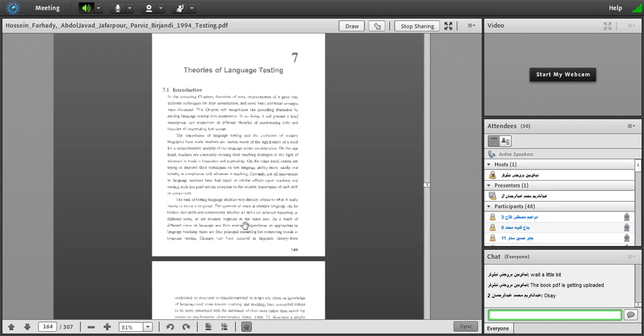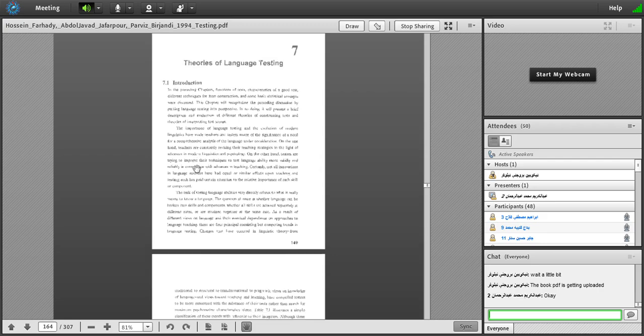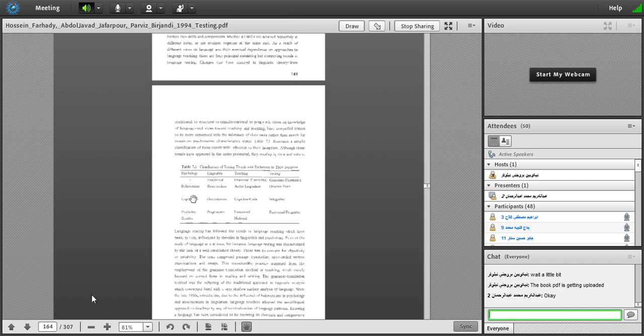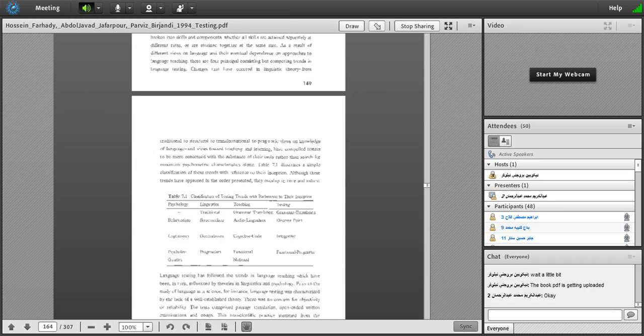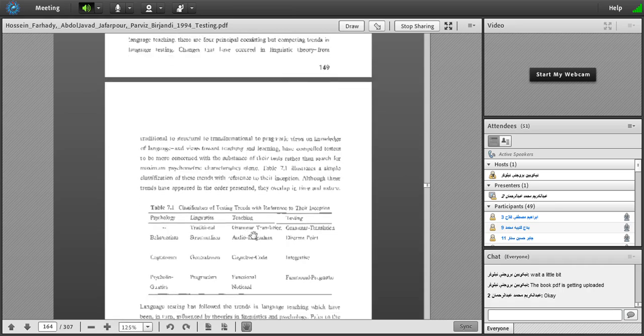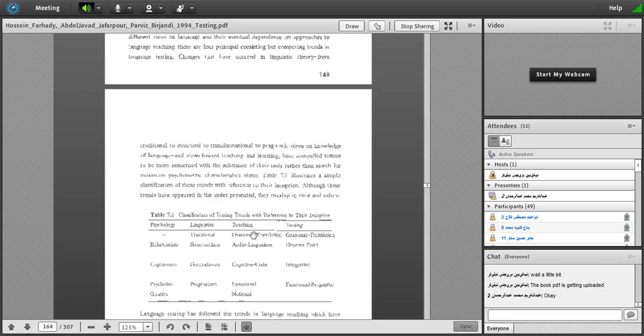So here is the table, if they can see, classifying testing with the principles, which is traditional grammar, also audiolingual, and so on, functional.